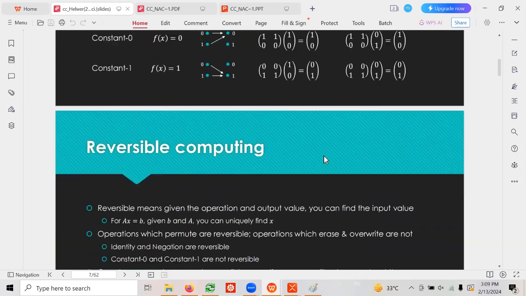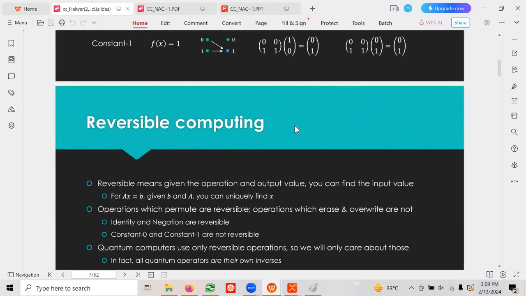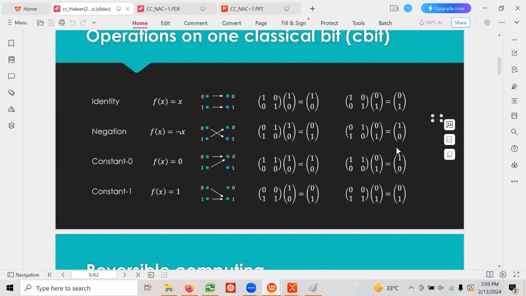Here's a fun thing. Reversible computing means all the operations we talk about will be invertible. Meaning that if you multiply matrix A to X, you get B, and you can multiply the matrix inverse to B and get back X. That's called invertible.